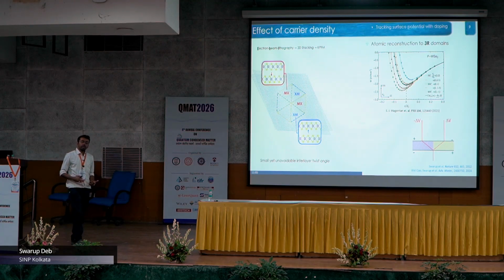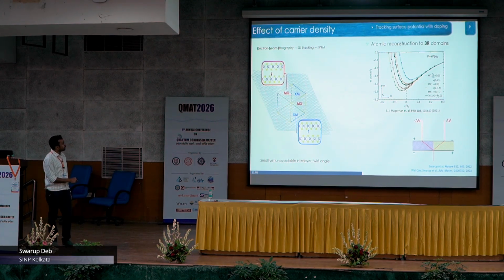Now, if the twist angle is low enough, then the atoms within this triangular regime will rearrange themselves in order to get into perfect parallel configurations. Or in other words, in one domain, the atoms would readjust themselves to get into this MX configuration or the AB configuration, and in the next, they will get into XM or the BA configuration.